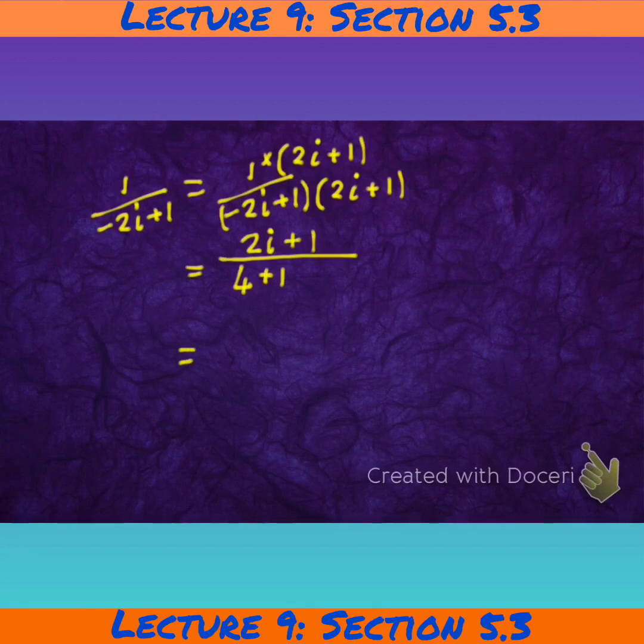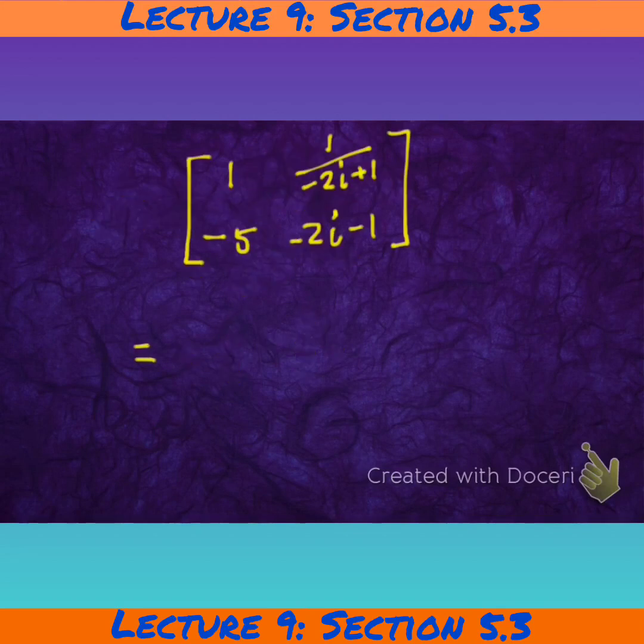So there we've got basically that becomes the complex number a fifth plus 2/5 i. So that matrix then becomes, okay, that's that.